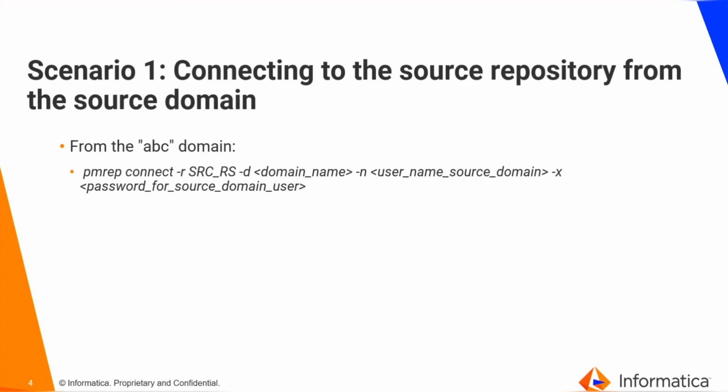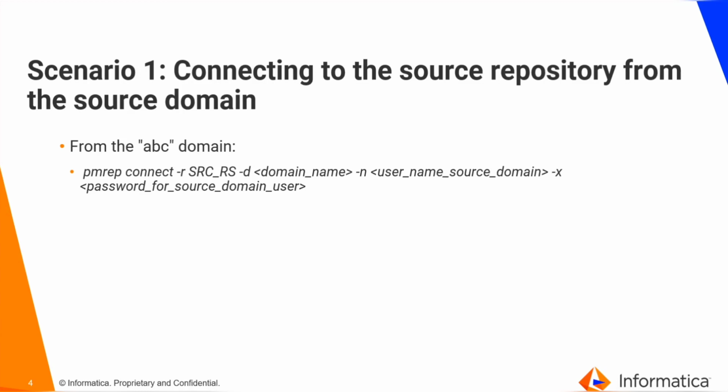When you directly provide hyphen d, it checks your domains.infa file and reads the host name and the node port it has to connect to. As we are connecting to the source repository from the source domain server, and that domains.infa file has the domain details, we can directly use hyphen d.